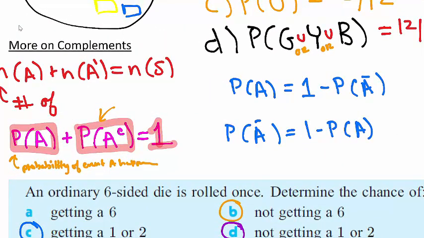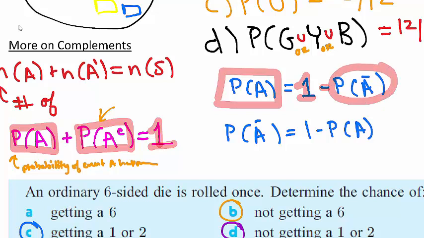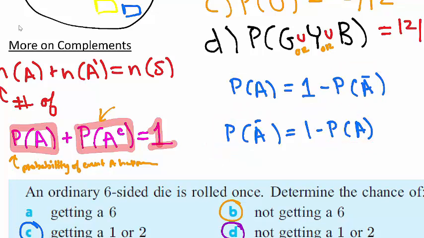Similarly, the probability of A is 1 minus the probability that A didn't happen. It's just saying the whole thing adds up to 1. So if you subtract the part that you're looking at, what's left is the other part. Several different definitions for complements.